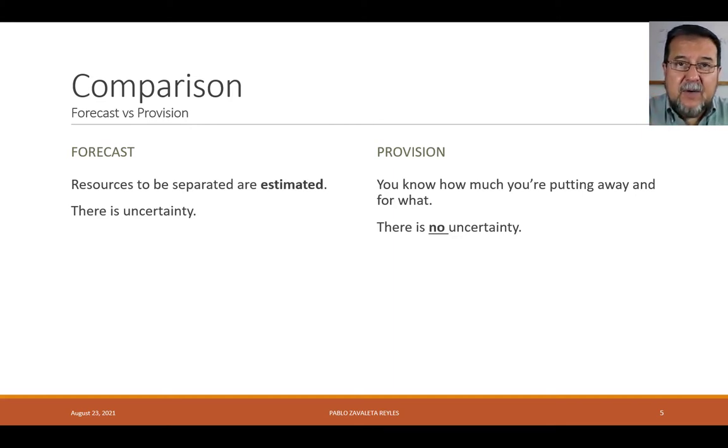There's no uncertainty about it for our children's education. We also can set aside, for example, water, food for use in case of emergency. Food rations, batteries, all that kind of stuff that some people save just in case there's a hurricane or whatever. So those are an example of provisions. Whereas with forecasts, we assume that it's going to be more or less along these lines.